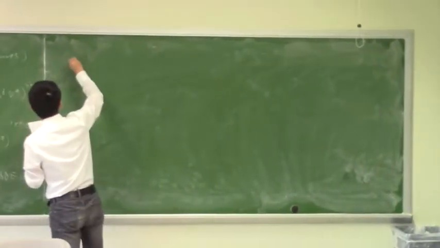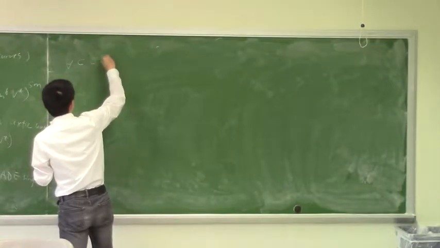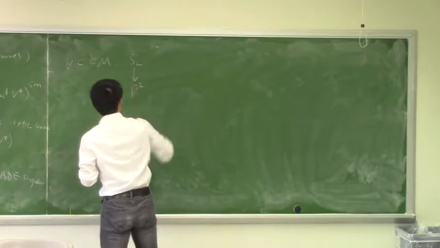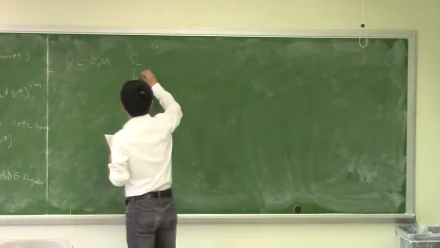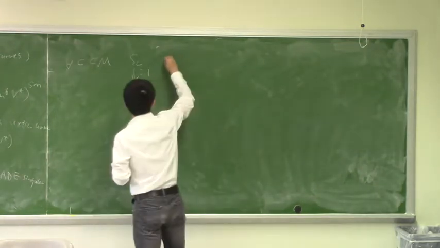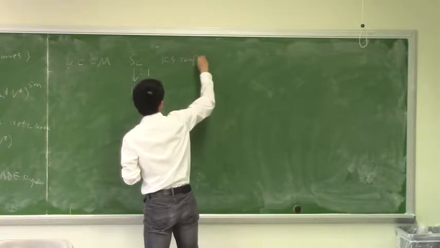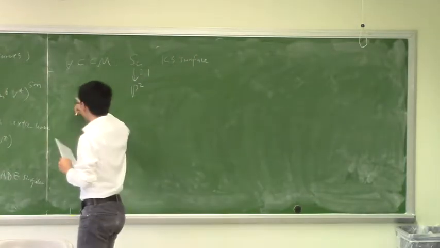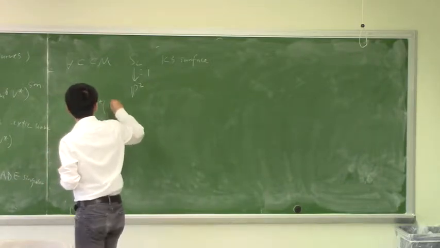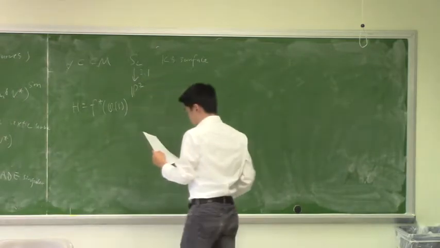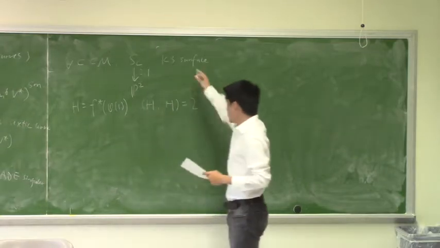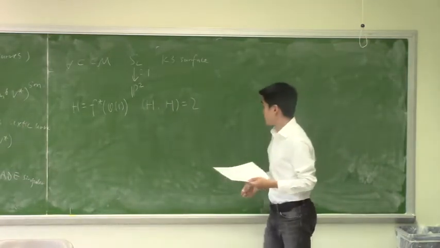For any smooth sextic curve, we can consider the double cover over P2 branched over the curve C. This is a smooth K3 surface. If we take the hyperplane class H, the self-intersection is equal to 2. So we get a family of degree 2 K3 surfaces.